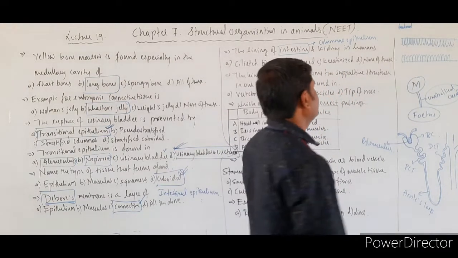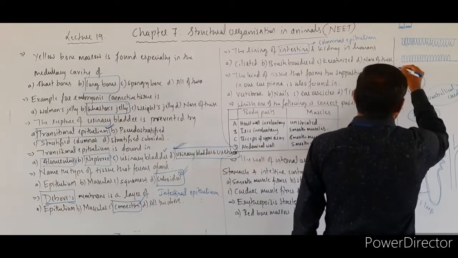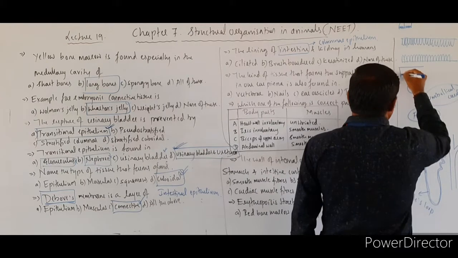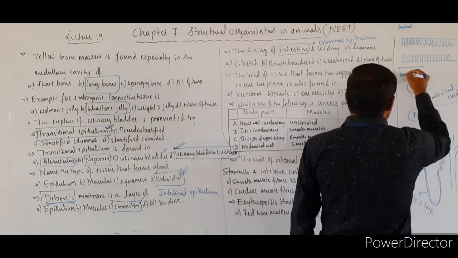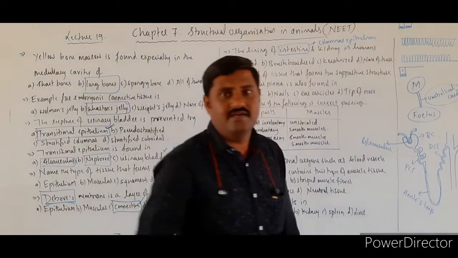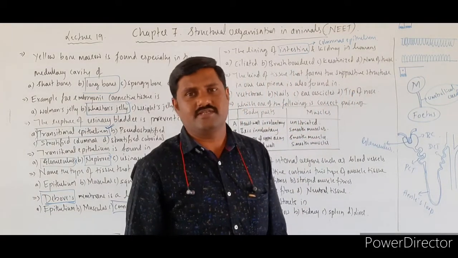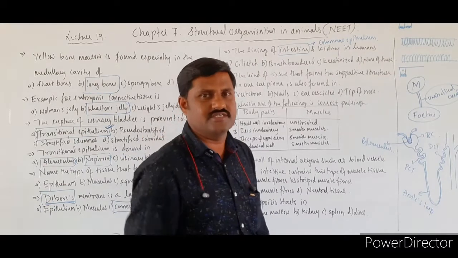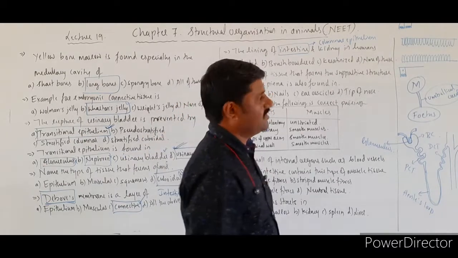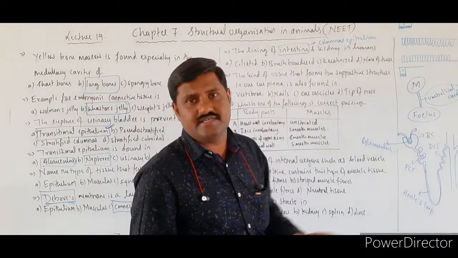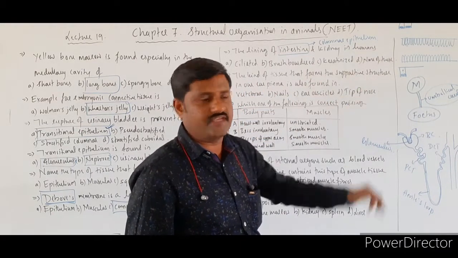It is not visible for you, so I am going to draw it here. This is one columnar cell which has many microscopic processes, like cytoplasmic processes or extensions. They are finger-like projections called microvilli, and they make the brush border in the intestine as well as some parts of the kidney, especially the PCT.